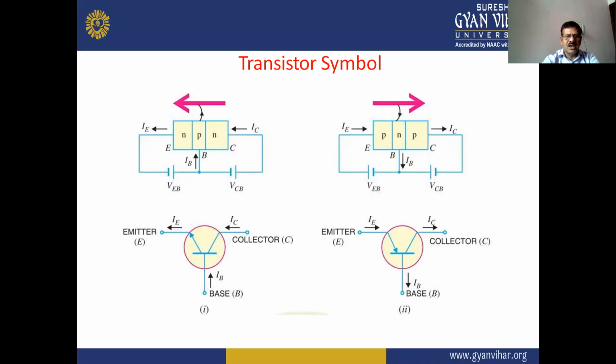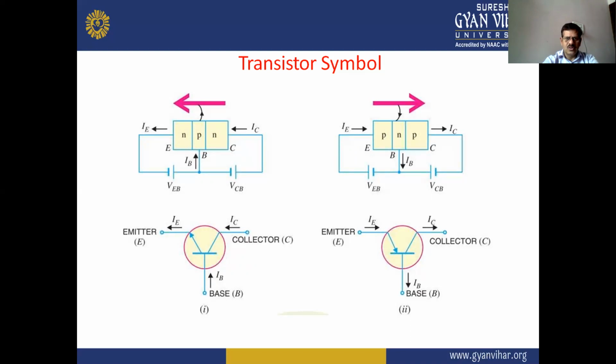The third one is the symbol represented by the base, emitter and collector, that is the NPN transistor symbol, and the fourth one is the PNP transistor symbol.